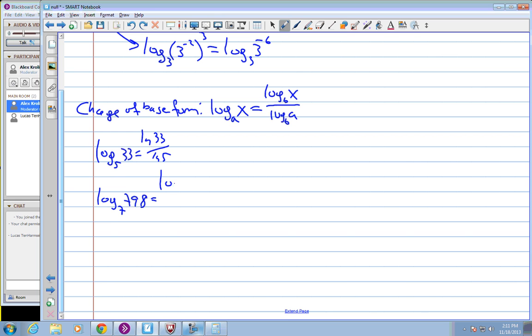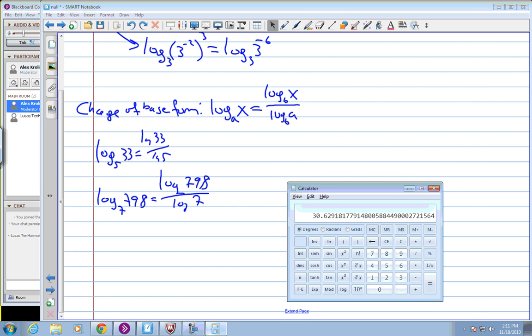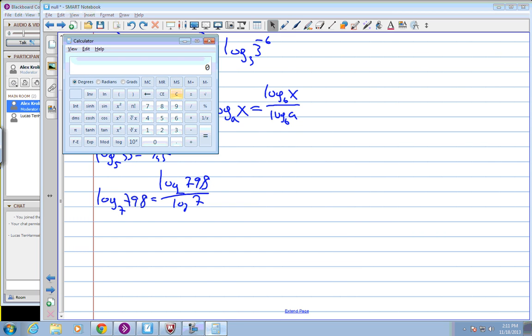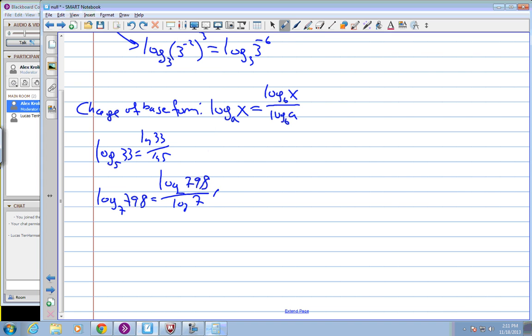You can do log of 798 divided by log of 7 and plug that in your calculator. 3.434, rounded to 3 decimals.